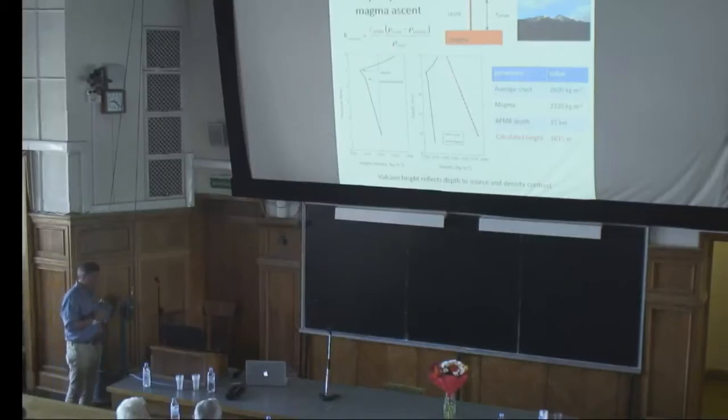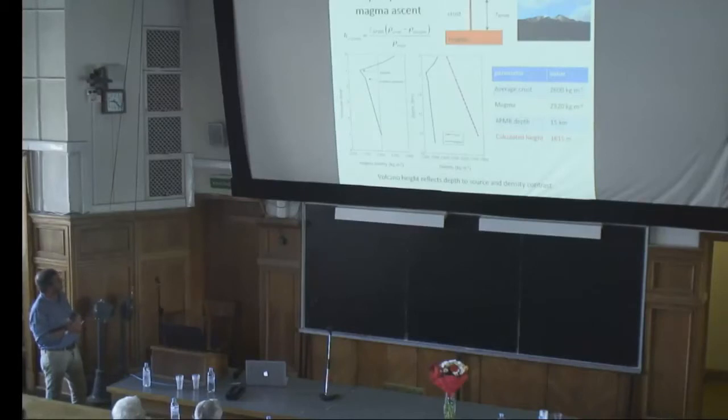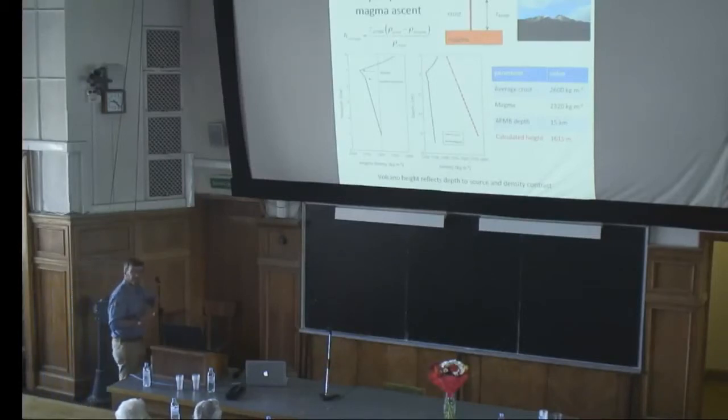We're in a fortunate position because we don't have to speculate about the water content, the temperature and the composition. We have a complete set of experiments that we can use to turn magma composition and crystal content into density. We can actually calculate the density all the way up. We have a less good constraint on the density of the crust. This is a regionally average density variation with depth. So rather than use this very crude method, we can integrate the density difference all the way across the crustal length.